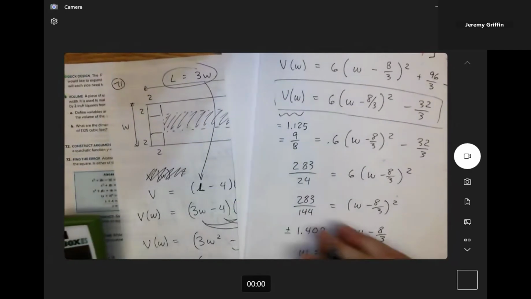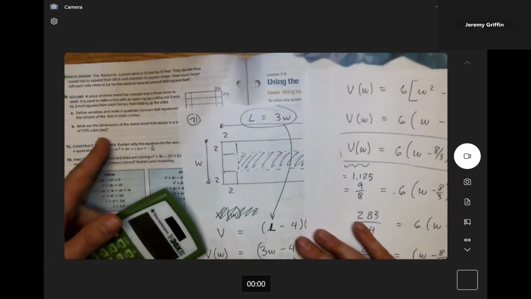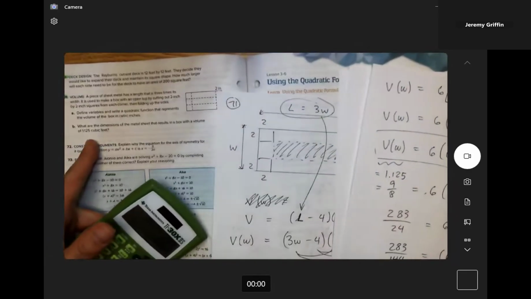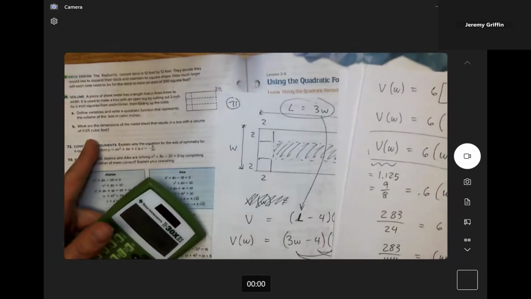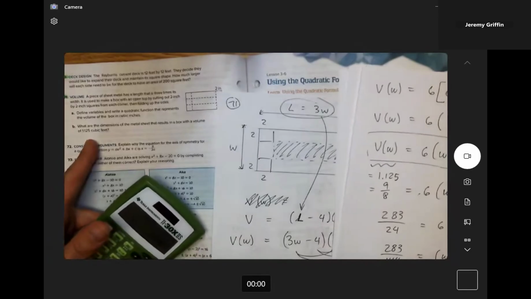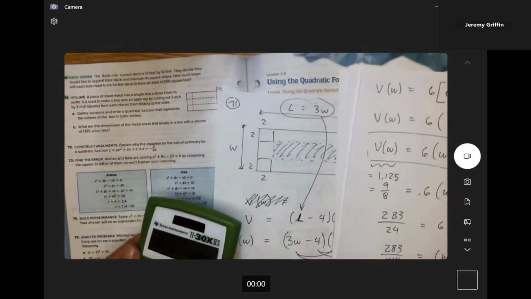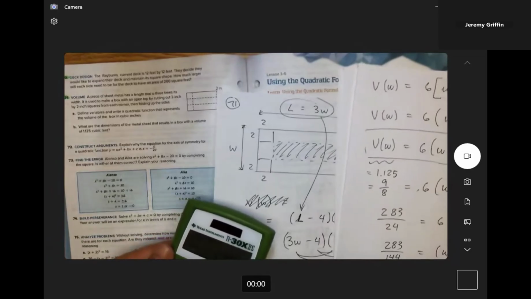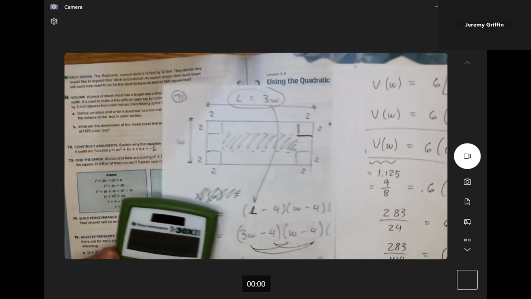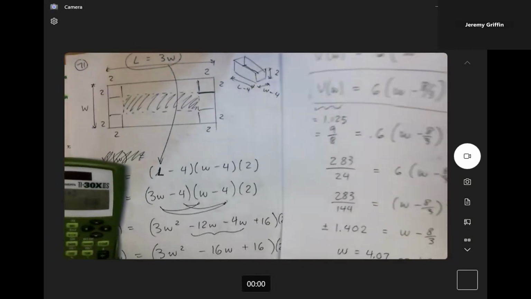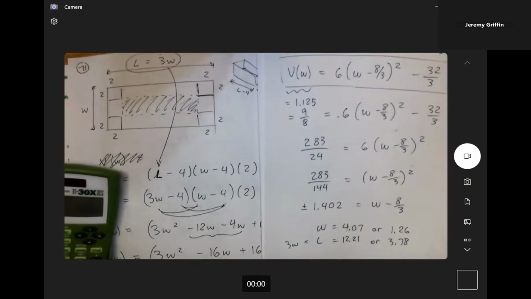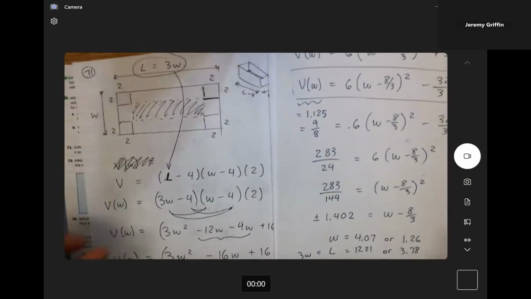Okay. Now, they did say the volume had to be, okay, I see. I see what's going to happen. L can be, yeah. Okay, okay. So I was a little uncomfortable with this because it's like, well, why would there be two solutions? That doesn't make sense. But I see. Right?